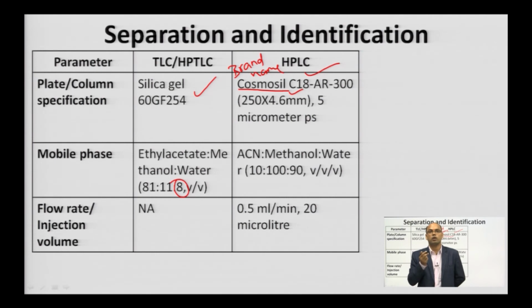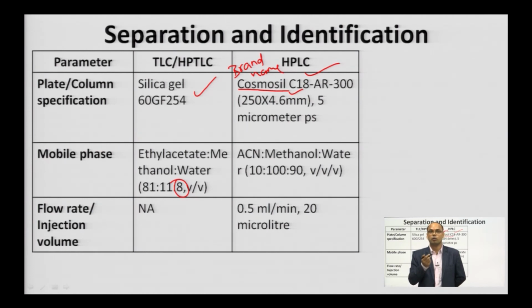The particle size for this stationary phase is around 5 micrometer. The mobile phase for HPLC analysis was acetonitrile, ACN stands for acetonitrile, methanol and water in the ratio of 10, 100 and 90. 10 parts of acetonitrile, 100 parts of methanol and 90 parts of water.